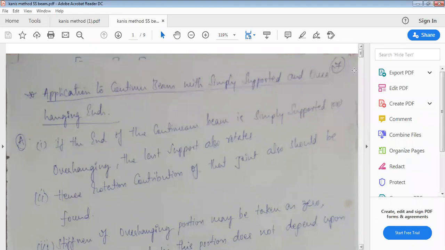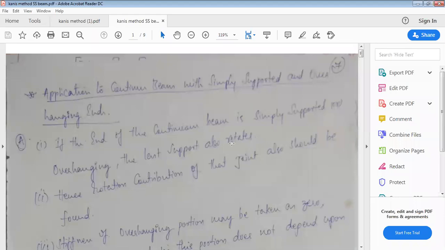Once we see the problem you can easily understand, but as for the theory part, we'll just have a discussion about the points. If the end of the continuous beam is simply supported or overhanging, the last support also rotates. Because if it is a fixed end, it cannot rotate, it will hold it. But if the end is free, there is a chance that it can rotate.